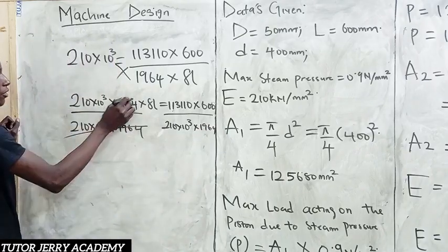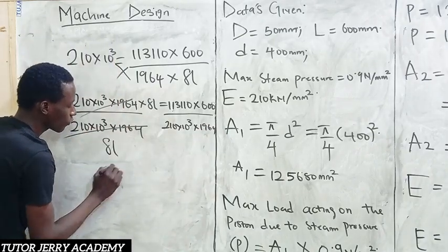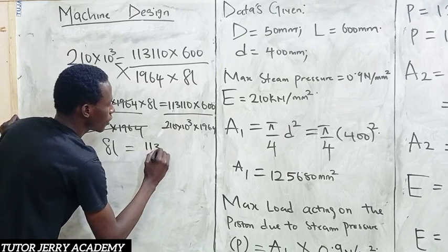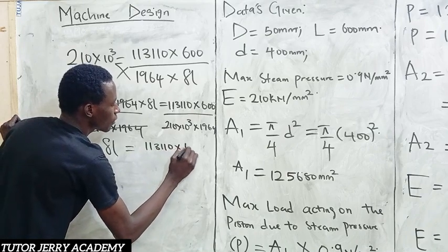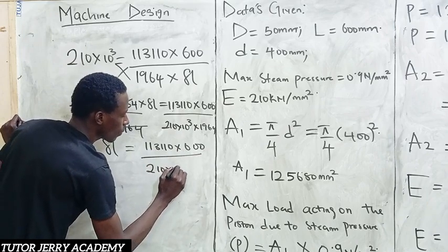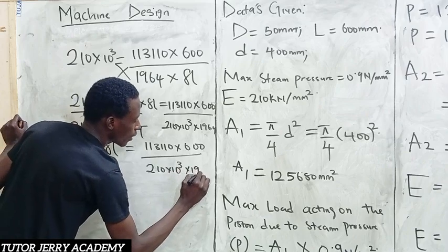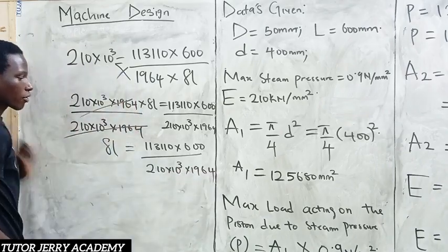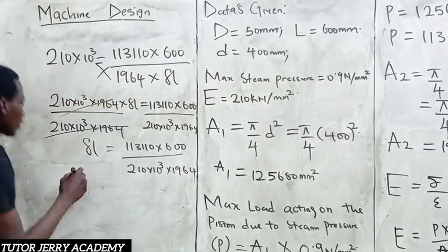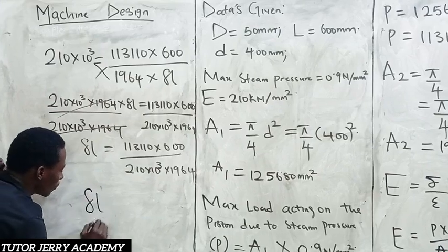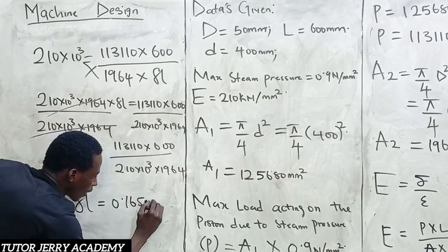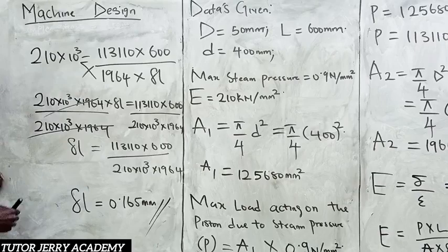So we are left with change in length equal to 113,110 multiplied by 600 all over 210 times 10 to the power of 3 multiplied by 1964. If you press this in your calculator, you are going to have 0.165 millimeter. So we have 0.165 millimeter as our change in length.